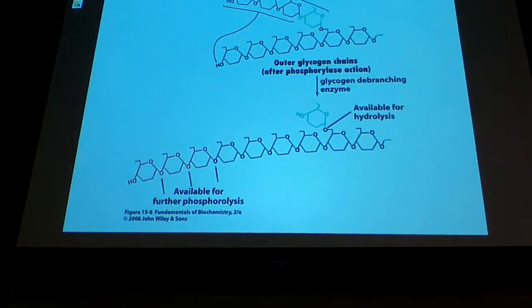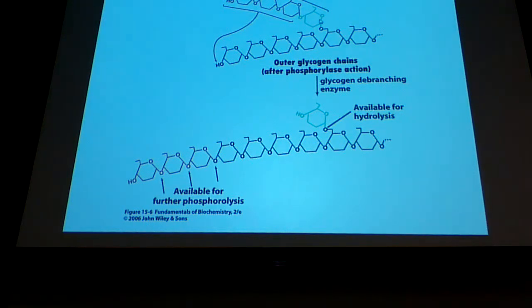Okay, so here's the branch, and they're treating this as your main chain or another branch. Initially the phosphorylase comes along, chopping off all those glucoses, and then it gets into the branching. It could be going along this one and then get stuck, or along this one and get stuck.